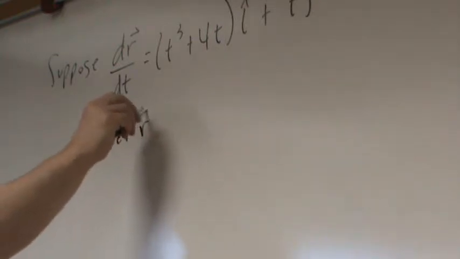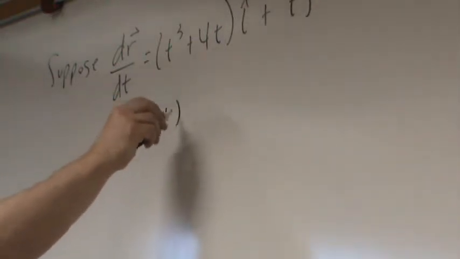Get r of t. I'm going to show you how to do this, then I'm going to have you do one on your own. Here's what we're going to do. Let me wait till you write this down.